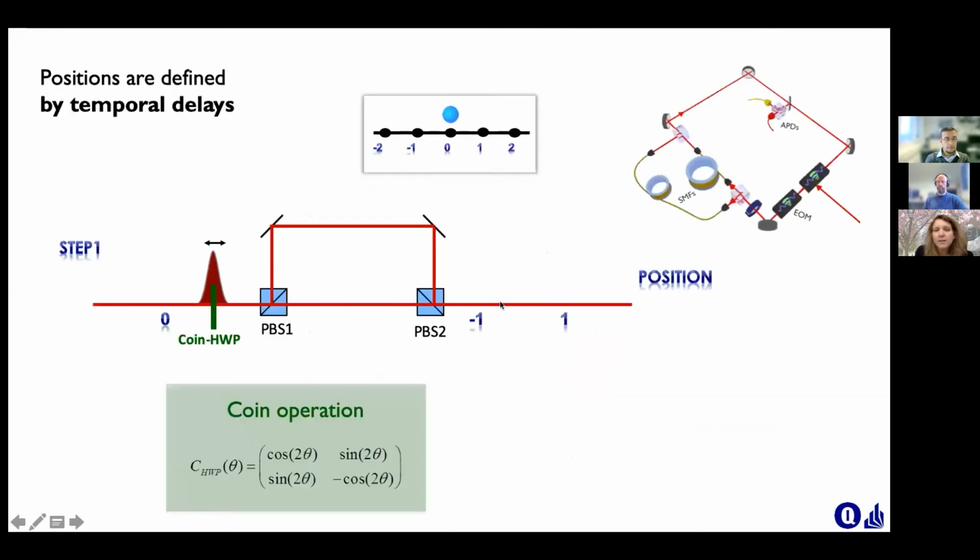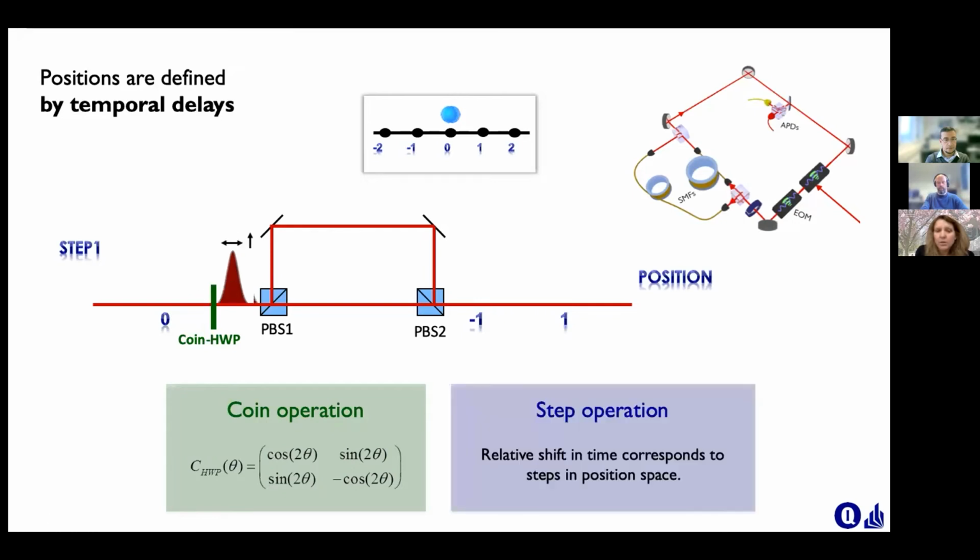Let me explain in detail what it is. We're coming in, we have the coin here, and this coin is the polarization, where we can, with a half-wave plate, choose any polarization. Now we are in this double loop structure, and depending on the polarization, we either introduce a delay or not. So we have a step operation: relative shifts in time correspond to steps in position space.